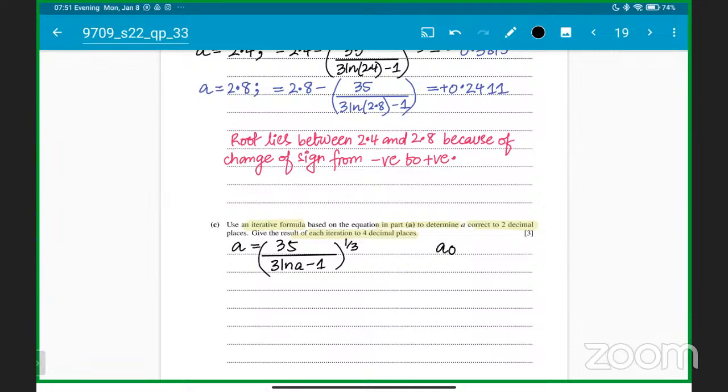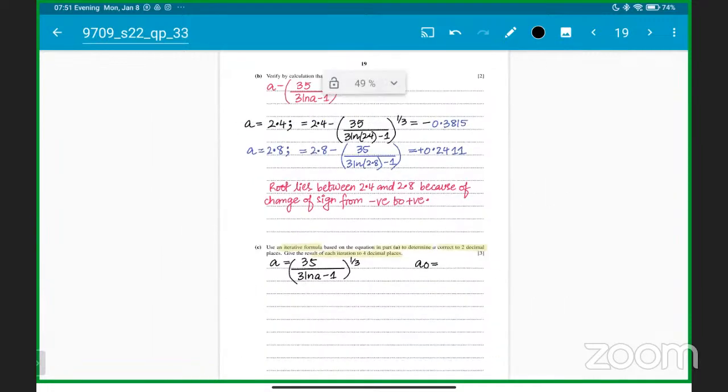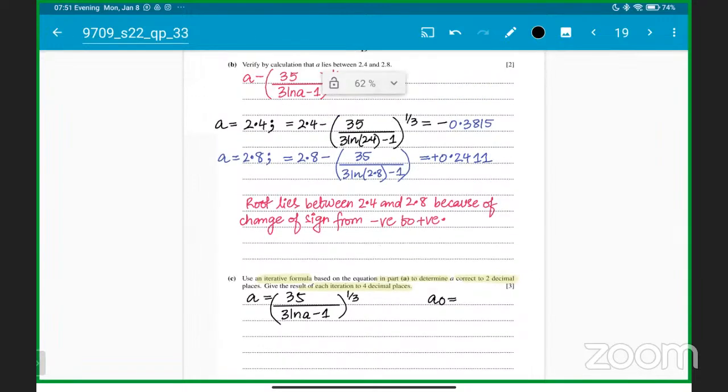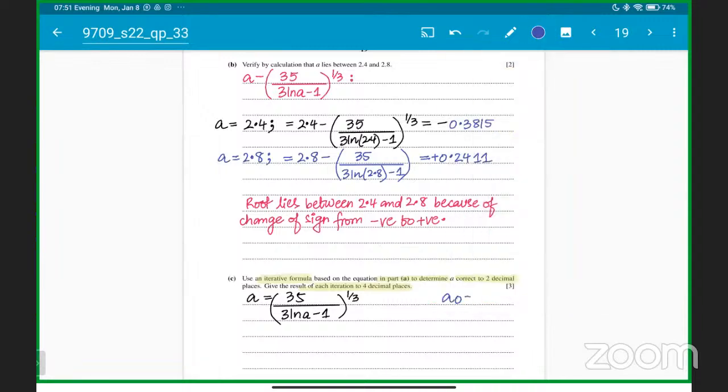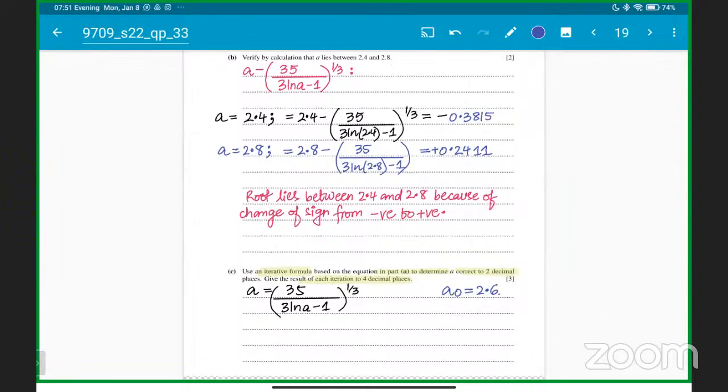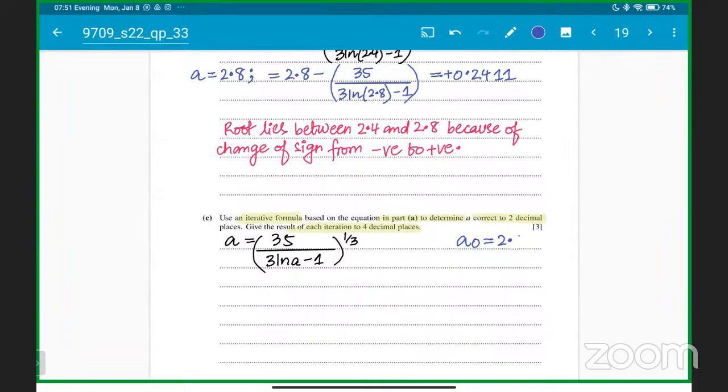Our first value will be what, sir? The midpoint between 2.4 and 2.8, which is 2.6. Got this clear? So A0 is equal to 2.6.